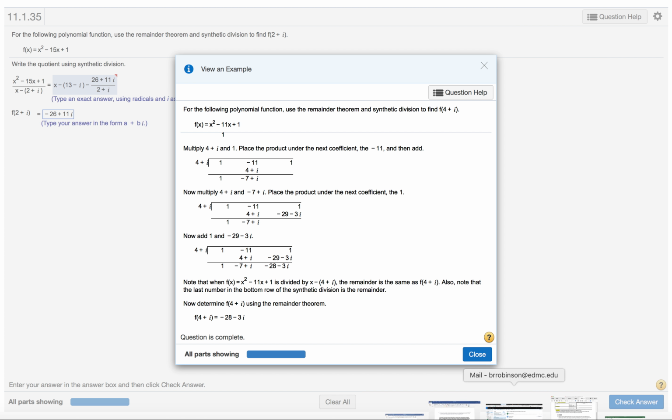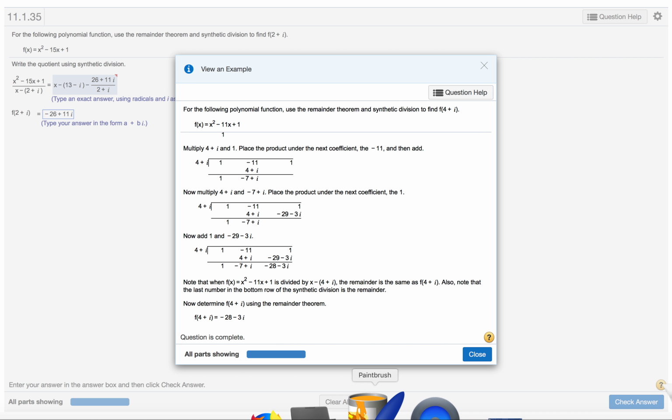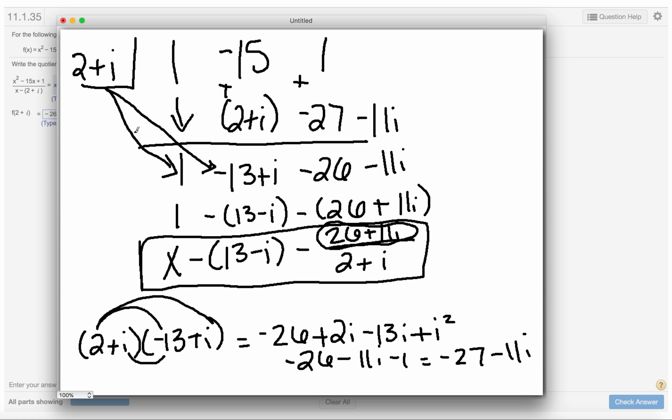So if you look at what I did, I have those arrows pointed, and that's just why I like this method, so I can use those arrows to help me remember when I'm adding things or when I'm multiplying things. Now, when you're answering the f of 2 plus i, they're not forcing you to factor out that negative, because if I put this in the math lab, it would be like, what's happening, right?